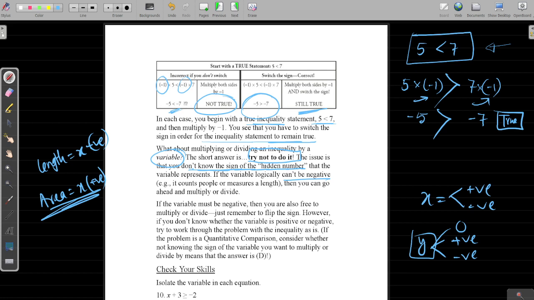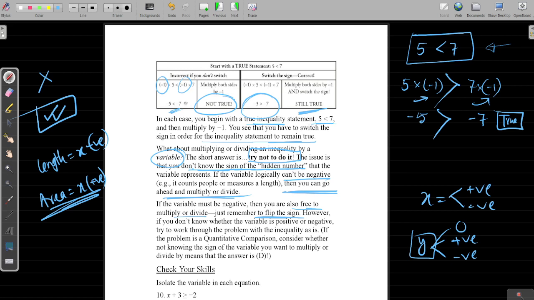In that case you can use the variable and multiply or divide. If the variable must be negative, then you also multiply or divide, but just remember to flip the sign. Same thing for the variable: if you think the variable must be positive, you need not change the sign. But whenever the variable is negative, you always need to flip the sign.